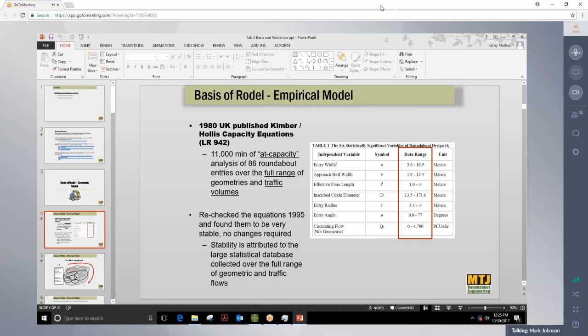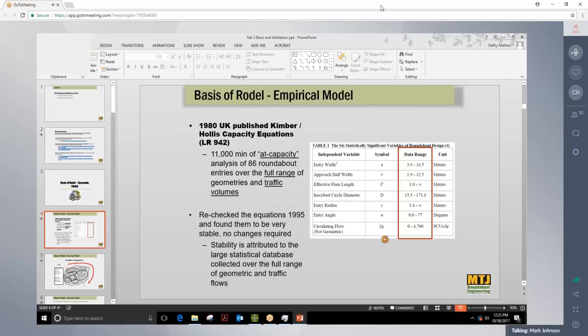They rechecked their equations periodically. In 1995, they found them to be very accurate and stable with no changes required. That stability is attributed to the large statistical database that was collected, again, over that full range of traffic and geometry.